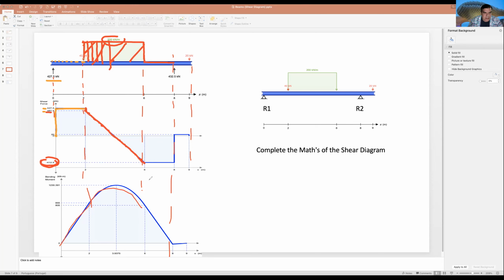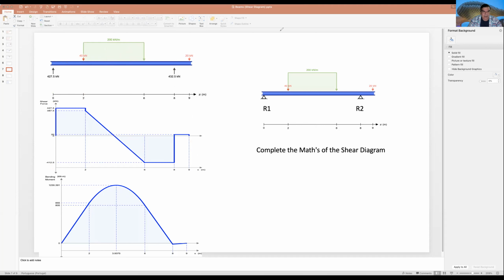Well, nothing happens in this area. I go straight, nothing happens in this area. There is 432. Well, I go 432 up. And because I have minus 412, I arrive to 20. Nothing happens, I go straight. There is a force of 20 and it closes in 0. If it doesn't close in 0, guys, you have a mistake somewhere in this diagram.